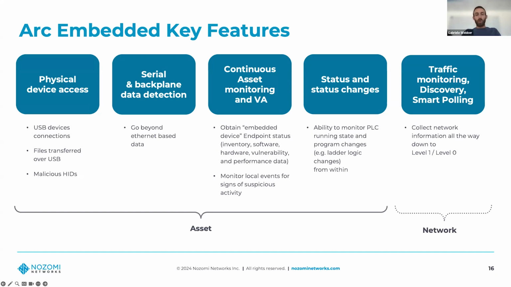And now we're able to do it from within the PLC. Quick mention about traffic monitoring, discovery, and smart polling again, because as Brian mentions, we are at level 1, and the east-west communication he mentioned is now accessible from within the PLC monitoring around.